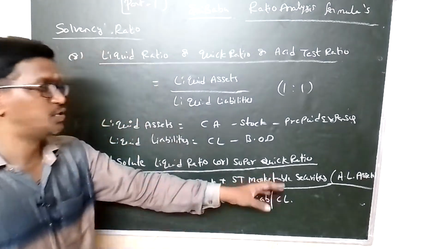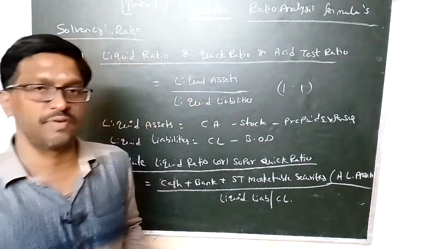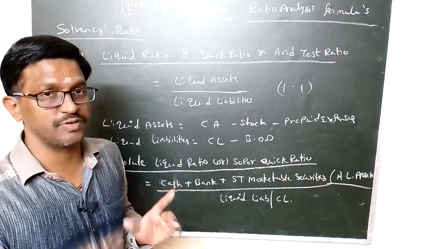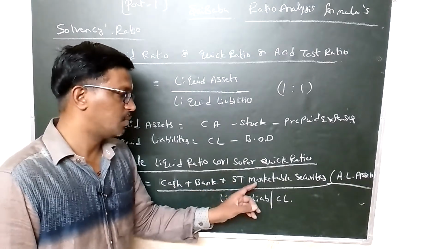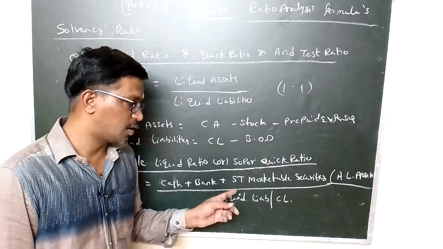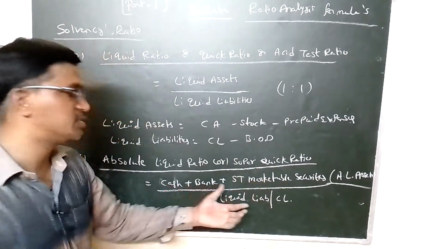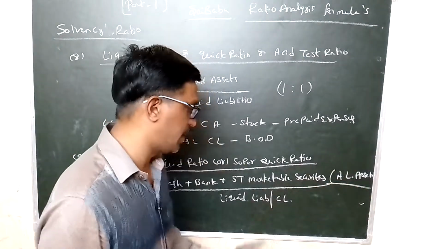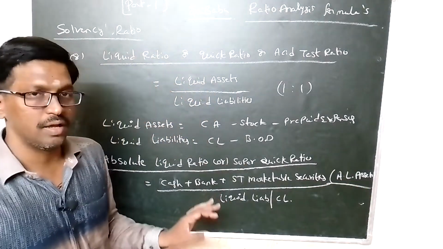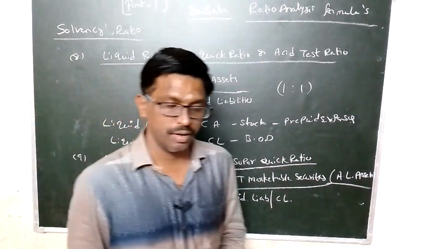Absolute liquid assets means cash and equivalent items: cash, bank, and short-term investments or short-term marketable securities, which are the same. These three items are added, then divided by liquid liabilities or current liabilities. Okay, next formula.